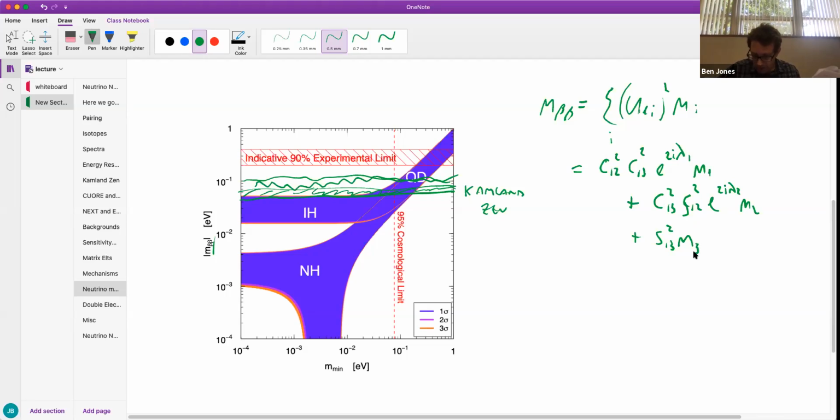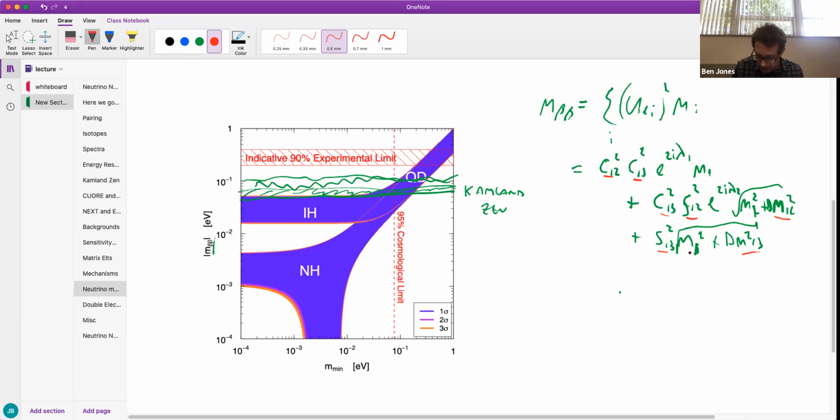Now we know some of these things from neutrino oscillation experiments, right? We know this, we know this, we know this, and we also know the mass differences. So we can write these two in terms of m1: the square root of m1 squared plus Δm² 12, and this one as the square root of m1 squared plus Δm² 13.